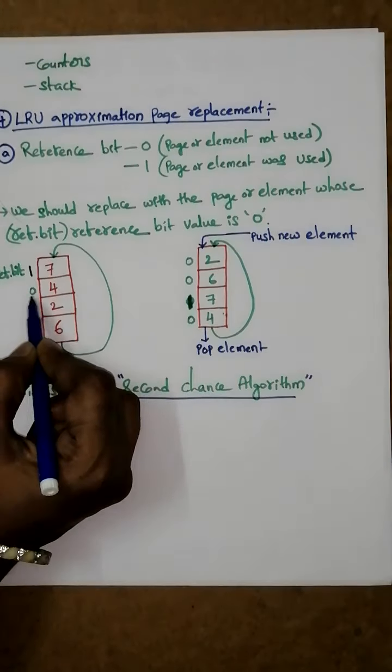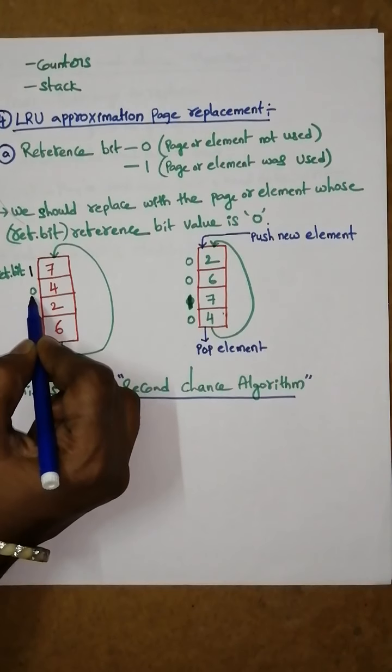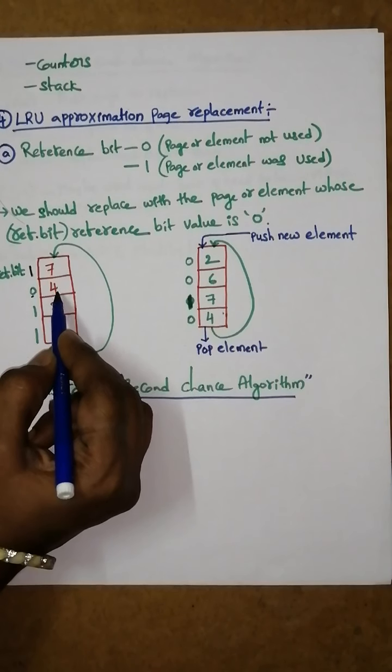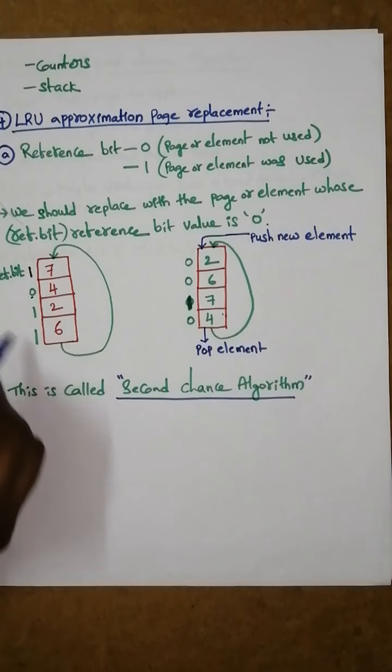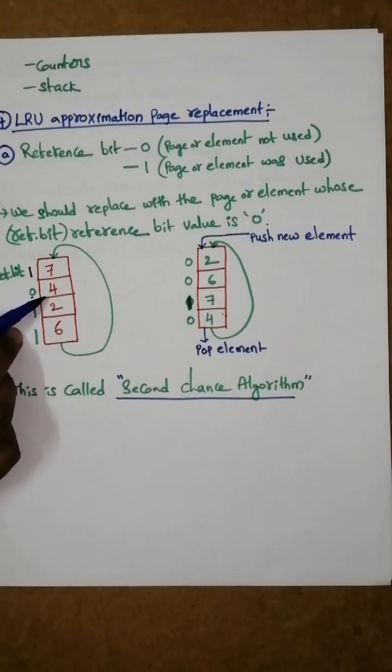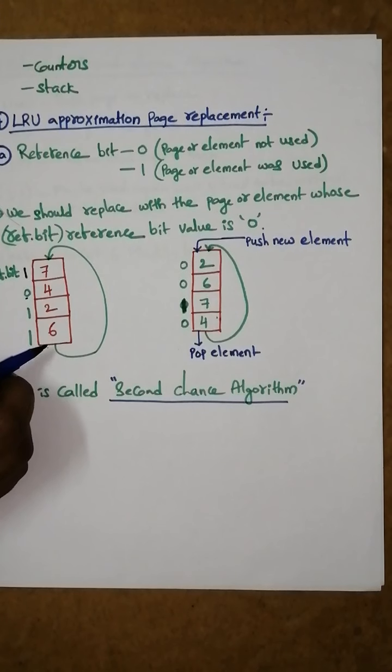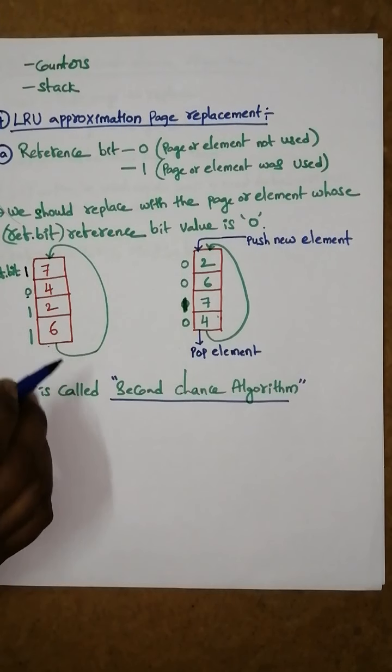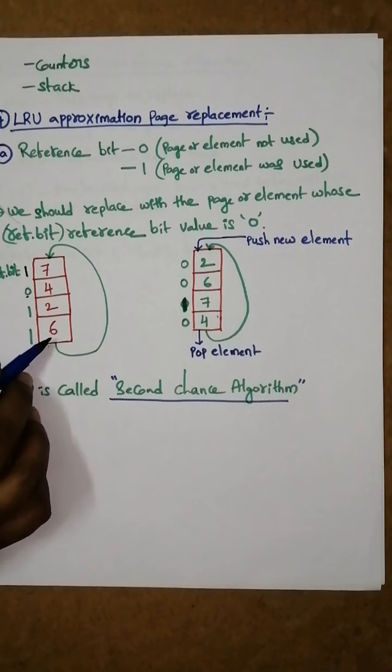So what I'll do is remove the page whose value is 0. But I can't remove this directly because it is a queue and it is in the middle of the queue. So what I have to do is bring this to the end of the queue. Actually, if you follow the procedure, you should remove 6, but 6 should not be removed because it is already used once.